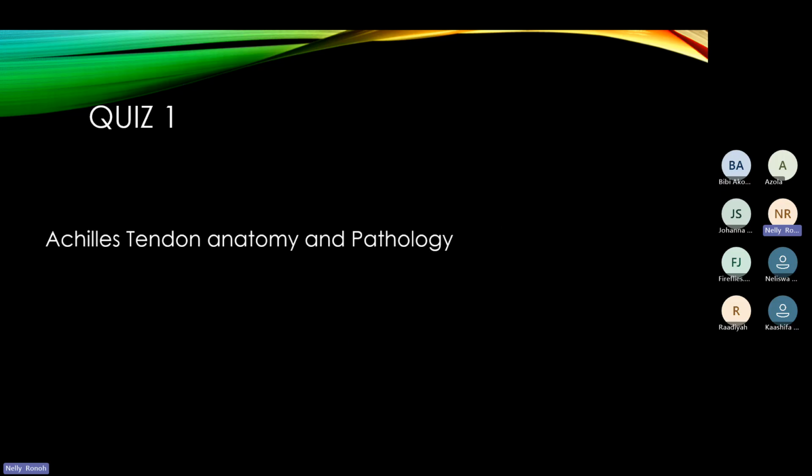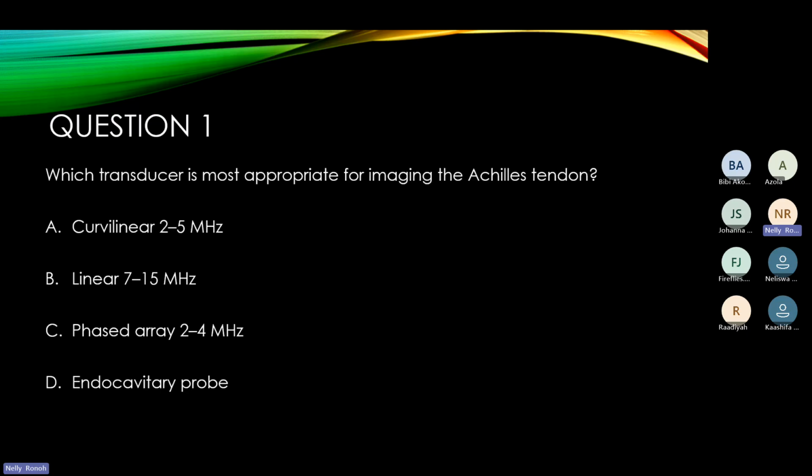Then we have the Achilles tendon anatomy and pathology quiz that I want us to discuss a little bit and see if you've been able to pick at least one or two things, because this is just an overview scan. All tendons actually look alike. If you get to any tendon in any part of the body, they all are the same.